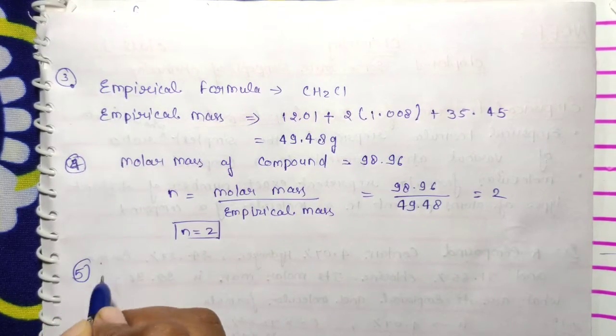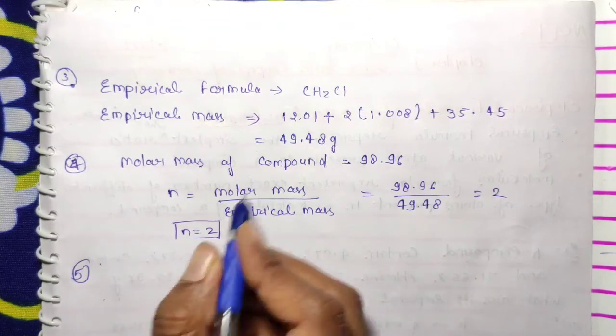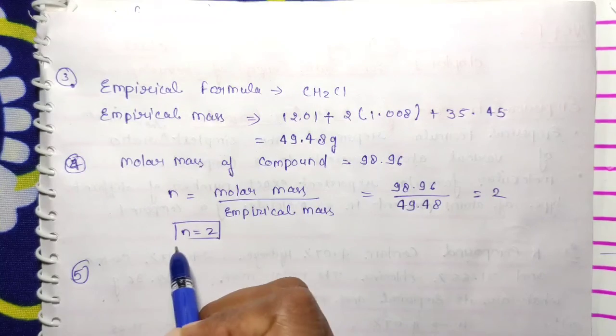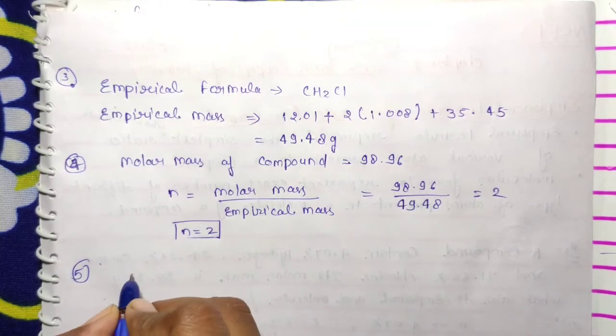Now in the last step, multiply empirical formula by the value of n.